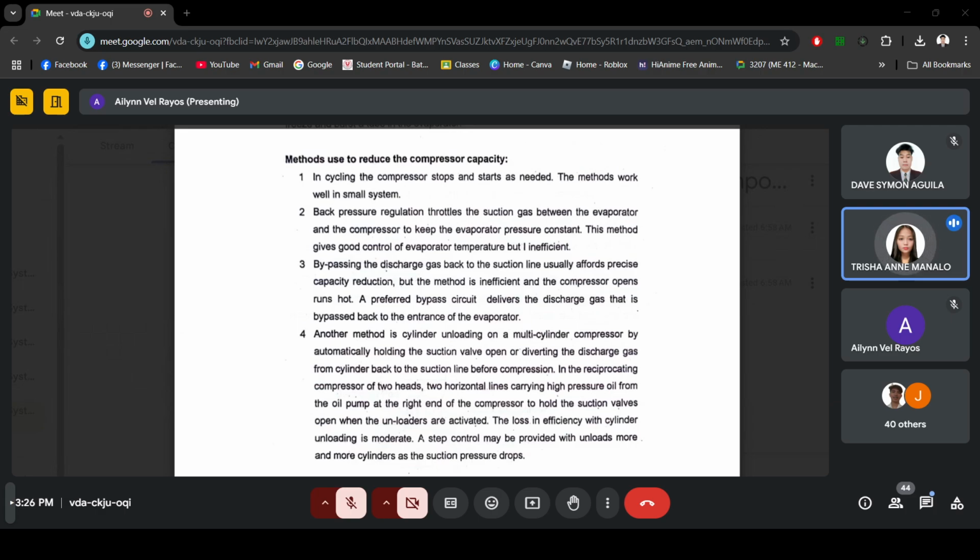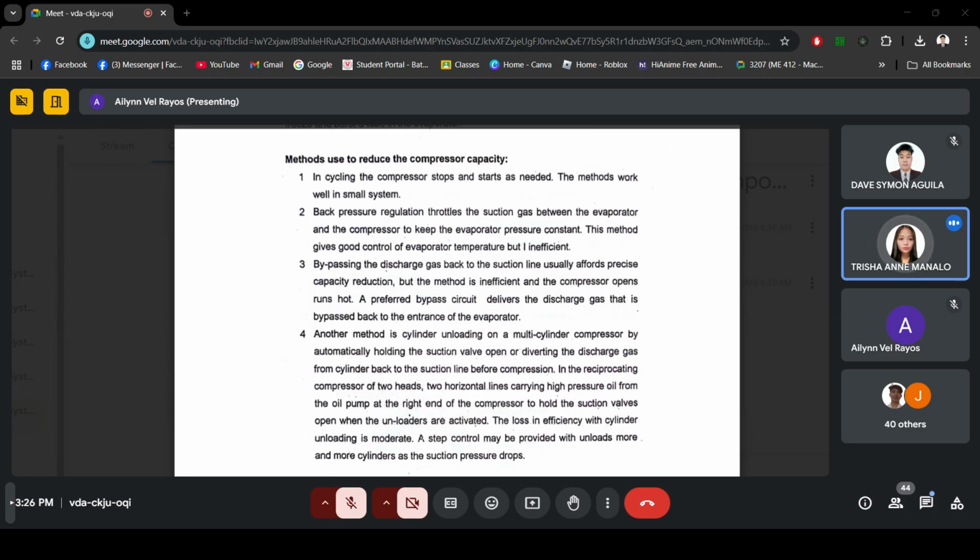Back pressure regulation throttles the suction gas between the evaporator and the compressor to keep the evaporator pressure constant. This method gives good control of evaporator temperature, but is inefficient. Bypassing the discharge gas back to the suction line usually affords precise capacity reduction, but the method is inefficient and the compressor often runs hot.